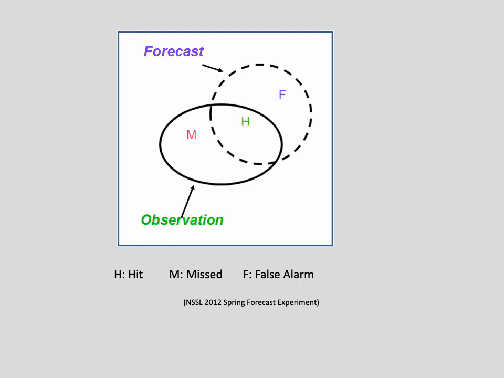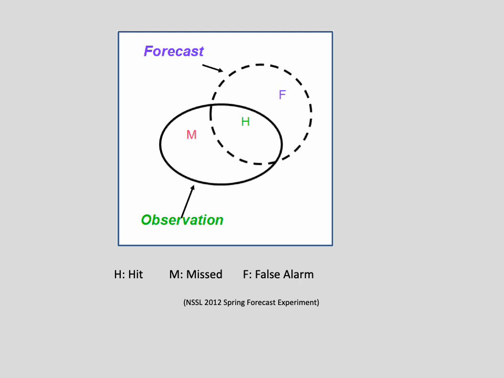Typically, the forecast is evaluated using a diagram like the one shown in this figure. In this diagram, the area H represents the intersection between the forecast and observations, where the forecast is correct. M represents the observation that was missed by the forecast.